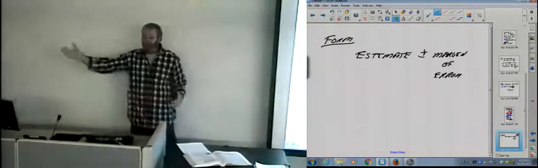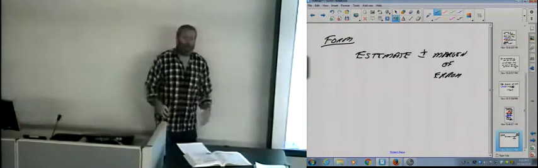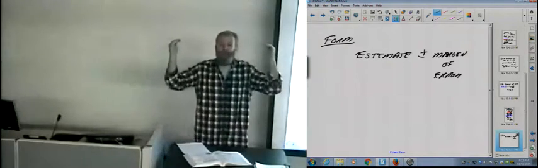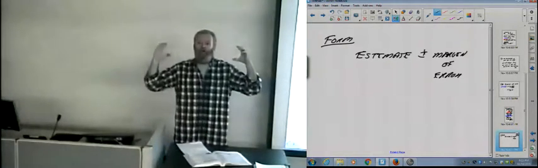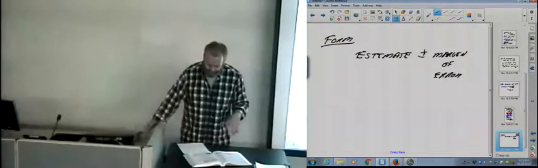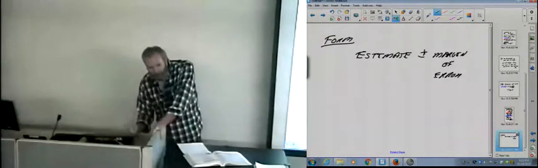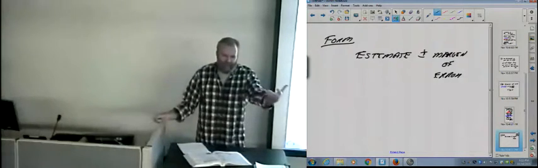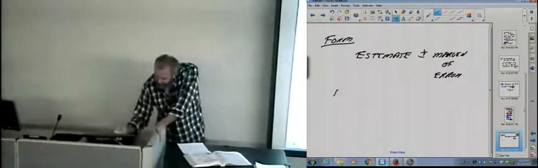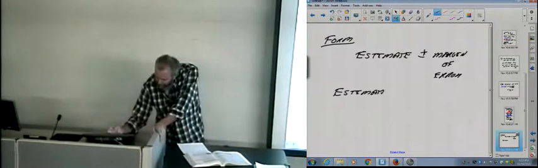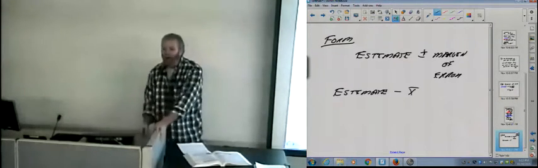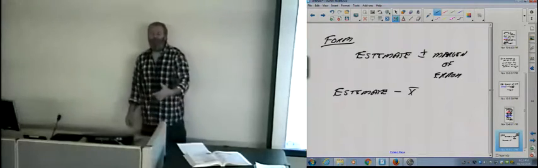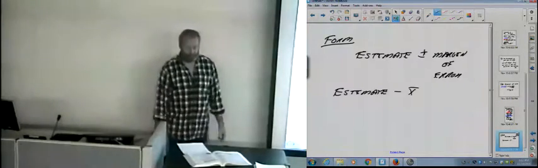You add the margin of error to your estimate and you subtract the margin of error from your estimate. That gives you this interval, right? This interval of numbers on the number line. Now, for us, in this chapter and the next chapter, as soon as I change this, I will let you know. Our estimate was x bar. Our statistic is used to estimate your parameter.